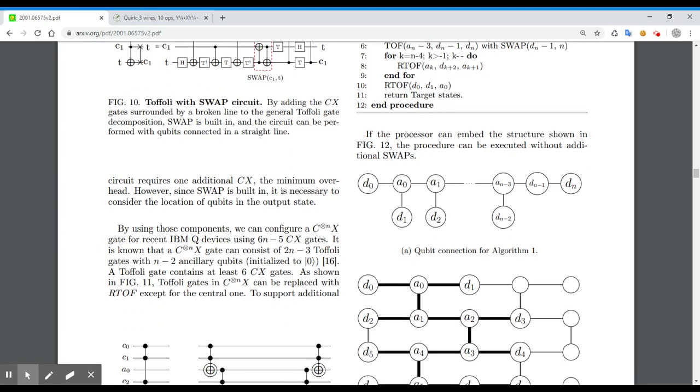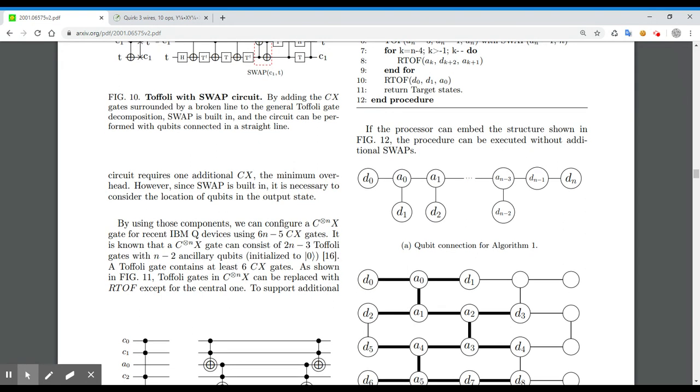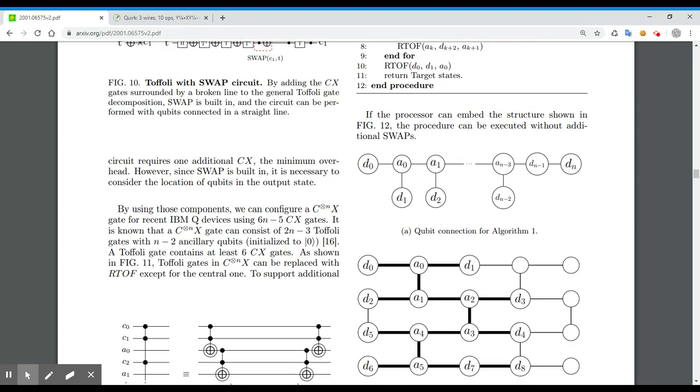By using those components, we can configure a control, like an N control X gate for recent IBM Q devices using 6 times N minus 5 control X gates. It is known that the N controlled X gate can consist of 2 times N minus 3 Toffoli gates with N minus 2 ancillary qubits initialized to 0.